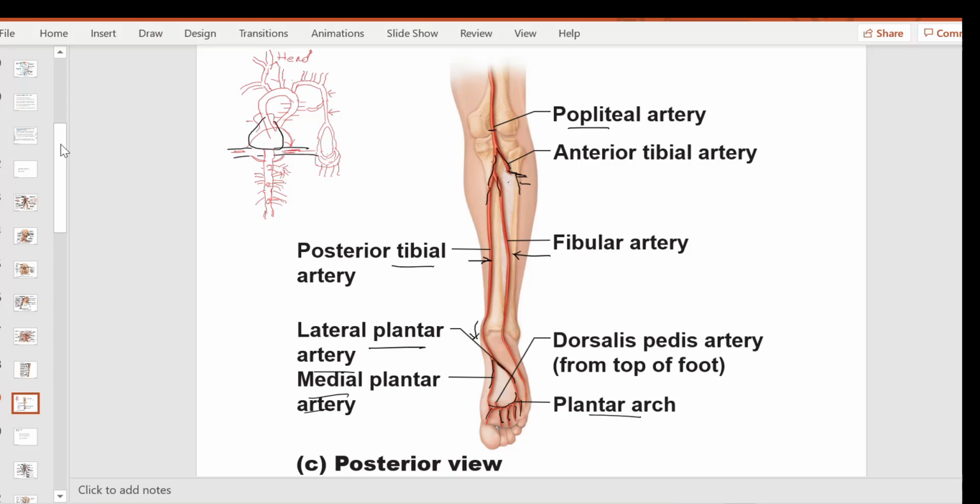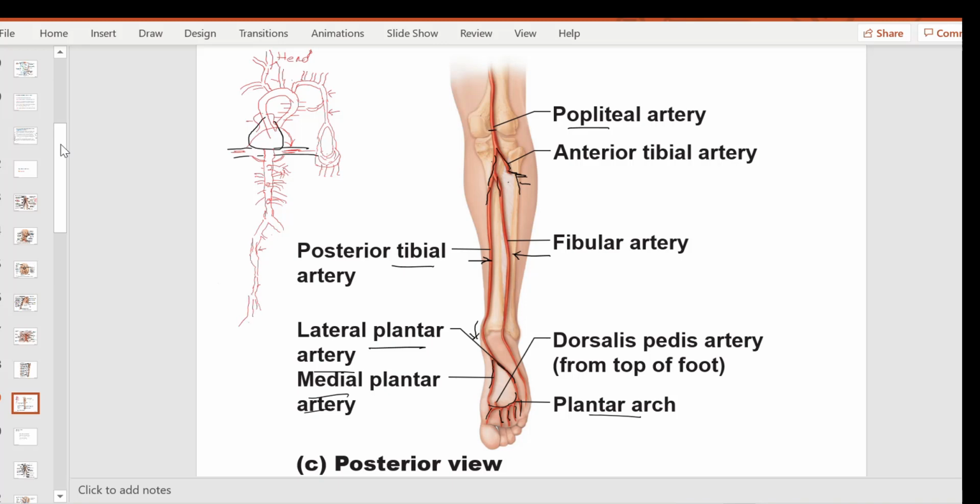And lower end of the abdominal aorta divides into two common iliac, and then common iliac divides into internal and external. Internal one is smaller and external is the bigger one, goes to the lower limb, to the thigh, becomes the femoral artery, right, and behind the knee becomes popliteal, and then the popliteal goes down, gives the anterior tibial a branch, and then goes down, gives posterior tibial and fibular.